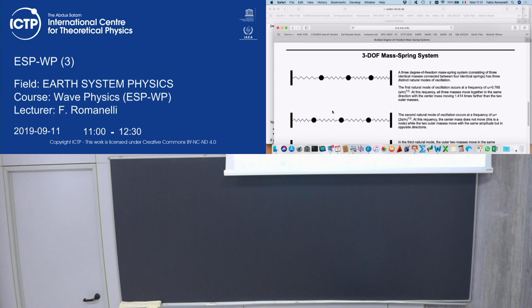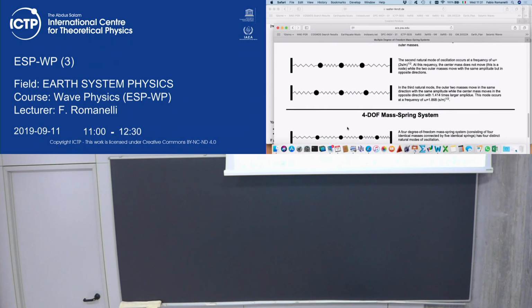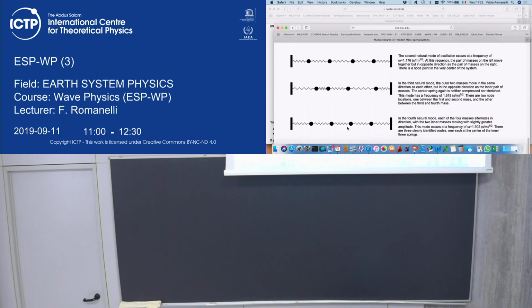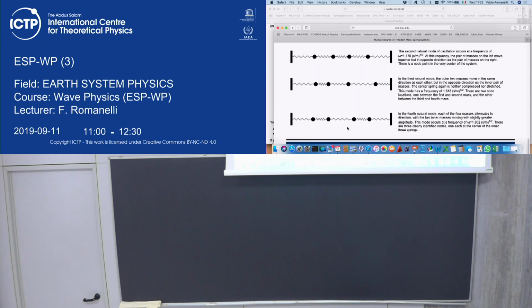Then 2 on different sides and 1 is there. You see, this will never move. And the last one is this, a continuous phase change. You can do the same with 4. Well, we have no time to make discrete 4, 5, 6, 7. But the idea is that one.